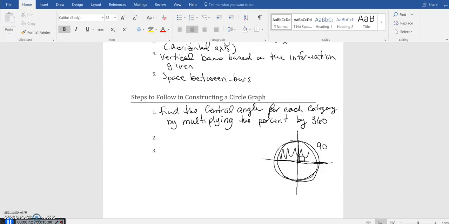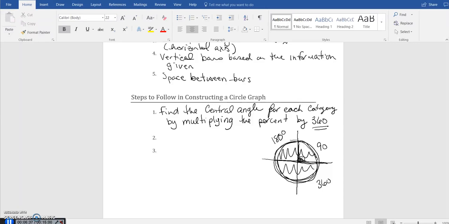So this whole area would measure 180 degrees, okay? And then as I get 180 and 180, this entire thing measures 360 degrees. Okay, so that's why I multiply by 360, because I'm looking for what that central angle is going to look like. Okay, so that's the biggest part of doing the circle graph.